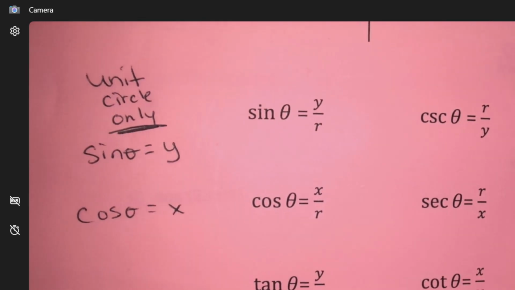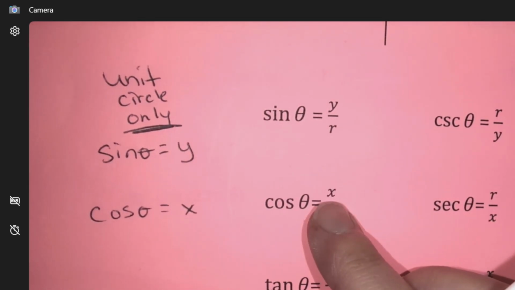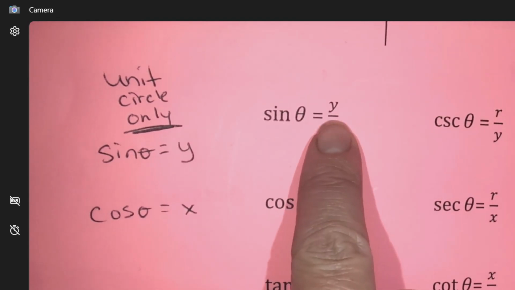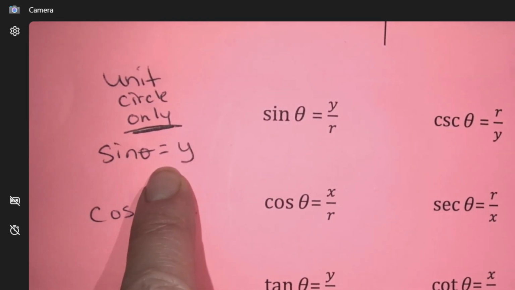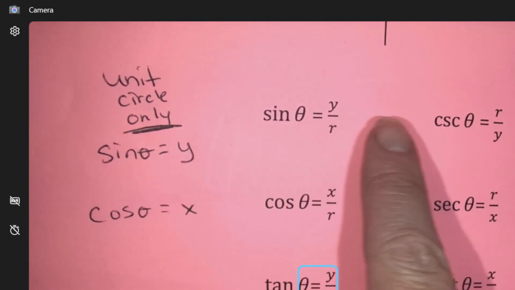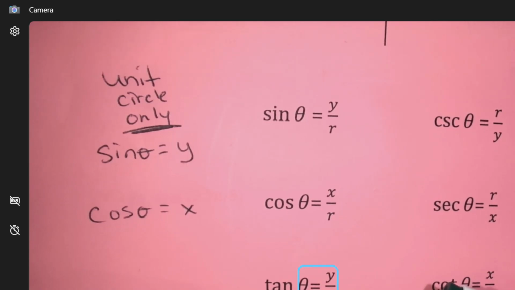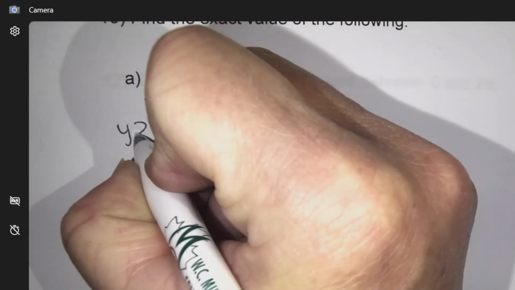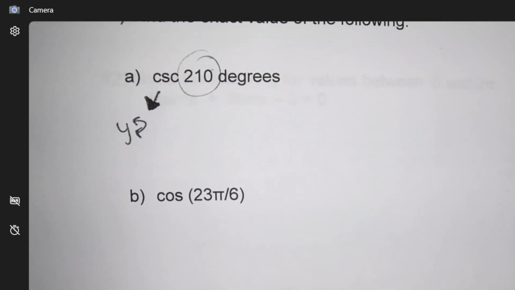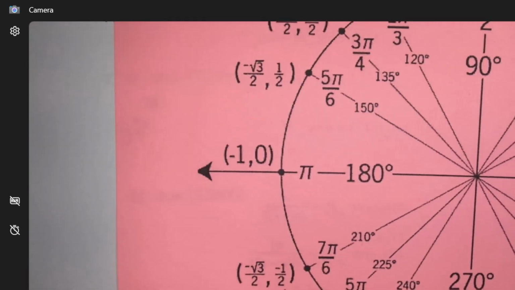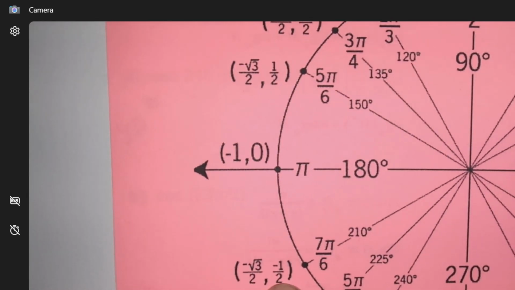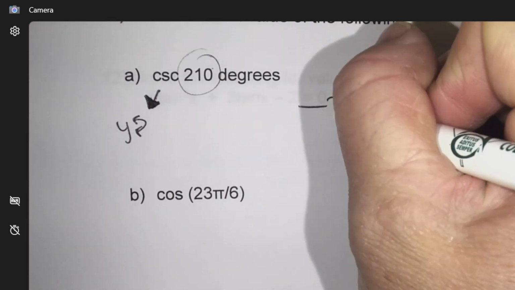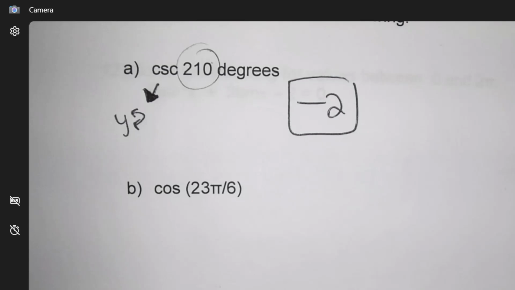When you deal with the unit circle, we avoid r. We just omit r. So if sine is just the y, cosecant is the y flipped. So cosecant is the y value flipped around. So here I am, negative a half becomes negative 2.